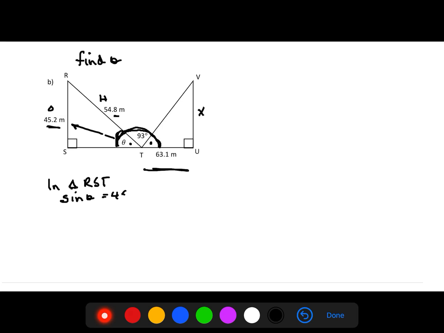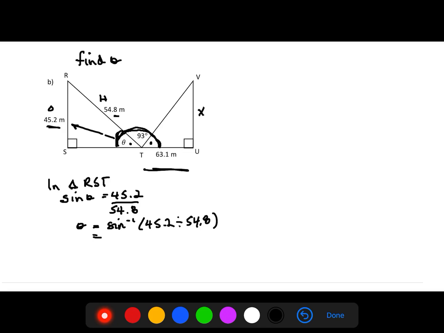So we're going to use sine of theta is equal to 45.2 divided by 54.8. And in order to find theta, we're going to do our inverse sine of 45.2 divided by 54.8.